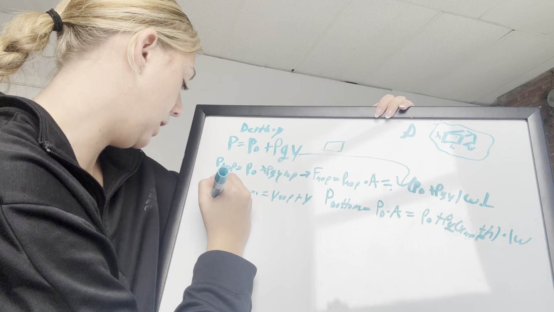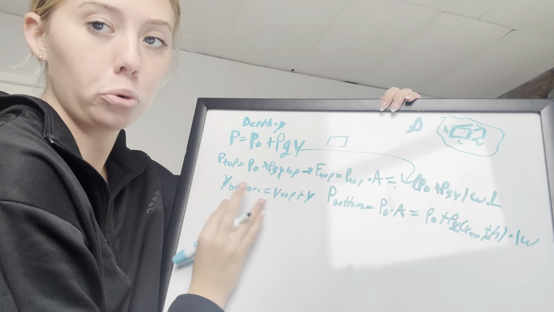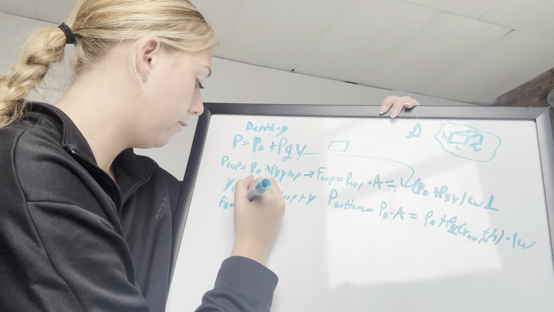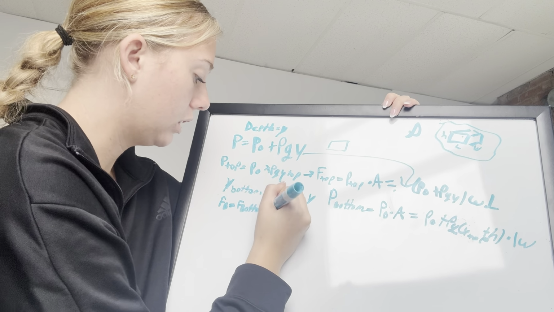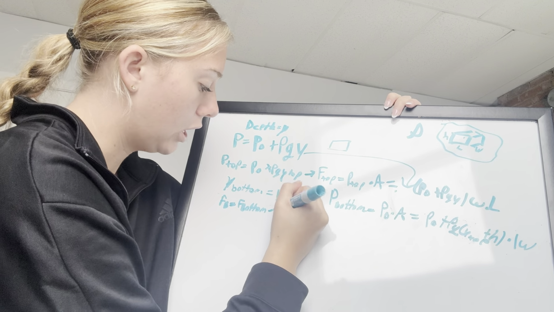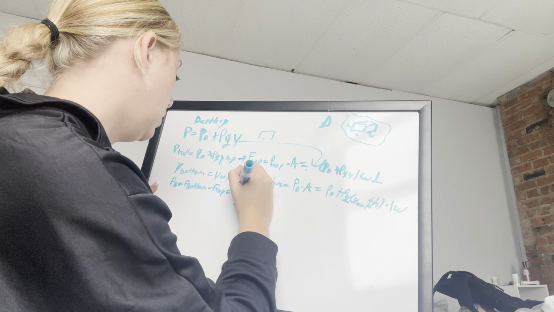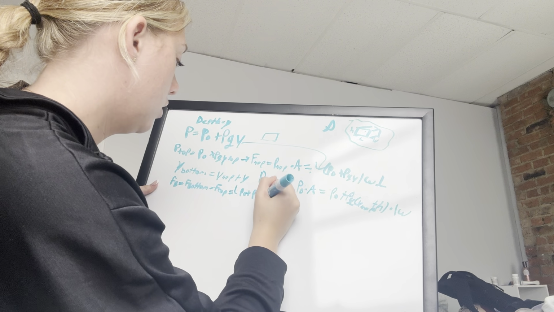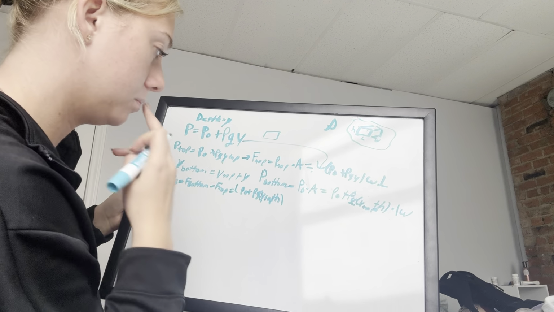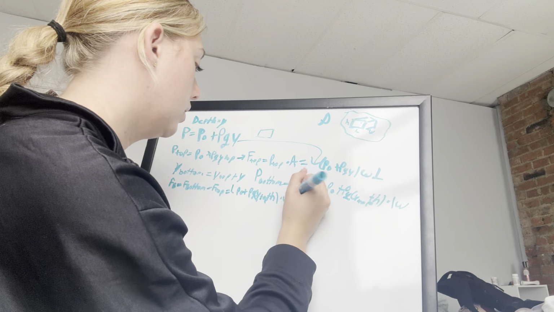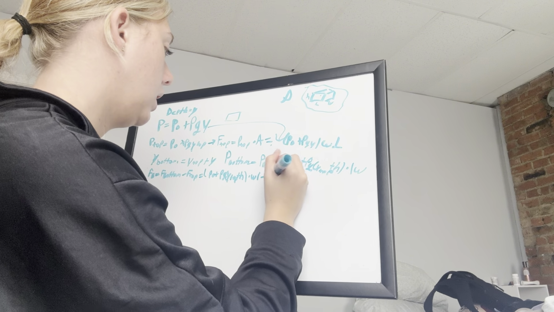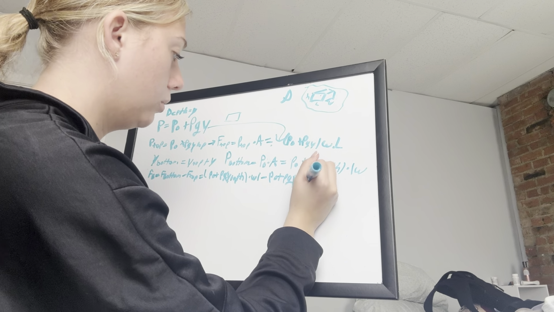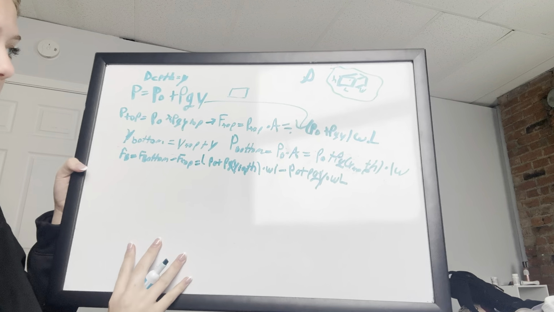So we're going to have F_B equal F bottom minus F top. So F_B equals (P0 plus rho g (y top plus H)) times W L, minus (P0 plus rho g y top) times W L.